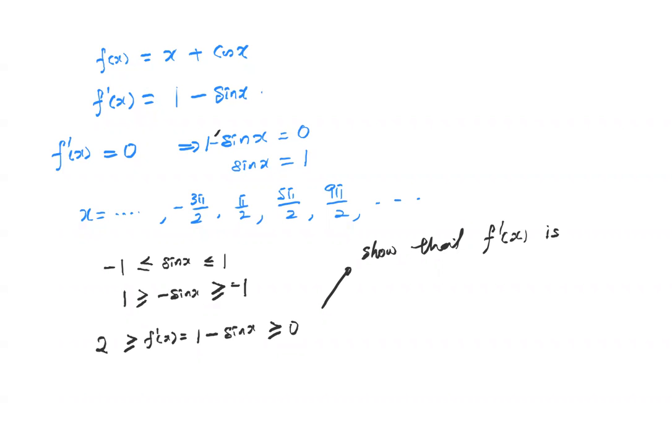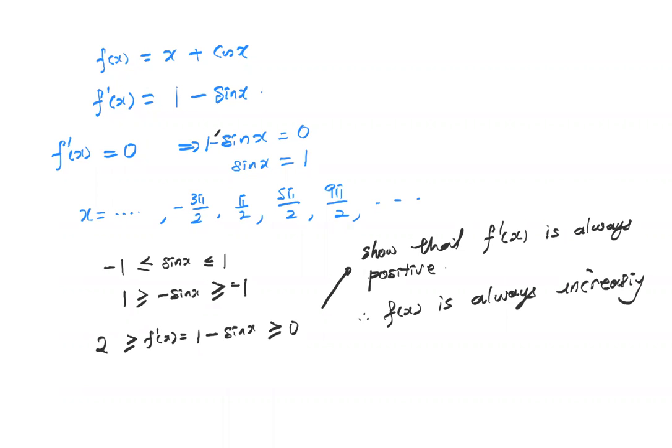Show that f prime x is always positive. Therefore, f x is always increasing. You see or not?